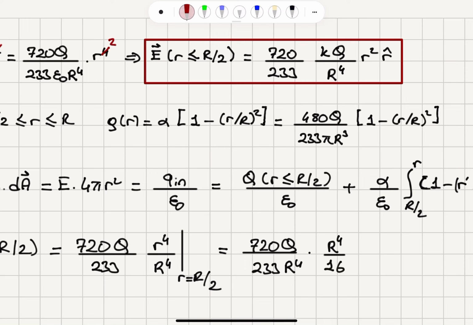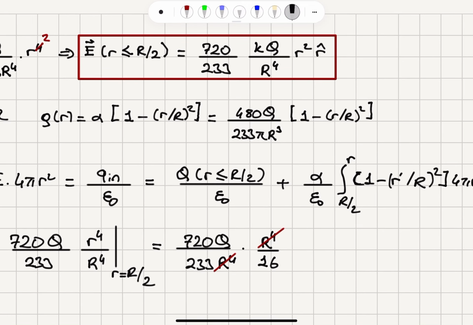When I substitute for r, capital R over 2, the R to the fourth power will cancel out, and I will be left with 45 capital Q divided by 233, because 720 divided by 16 is 45.